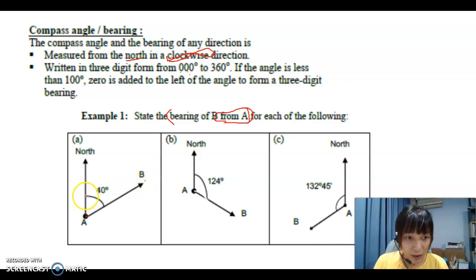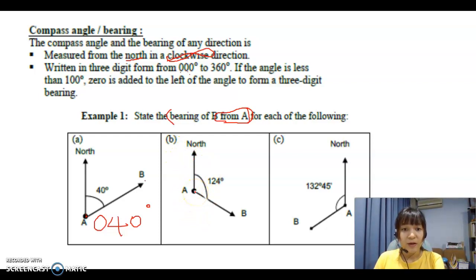So when your compass is pointing towards north, you have to go to the 40 degree angle. You have to walk here so that you reach your B, right? So what is the bearing? It is already given to you. It is 40, so this is 040 degrees. Cannot write 40 only. It must be 3 digits. Continue.